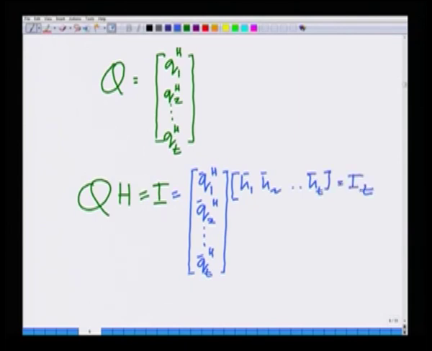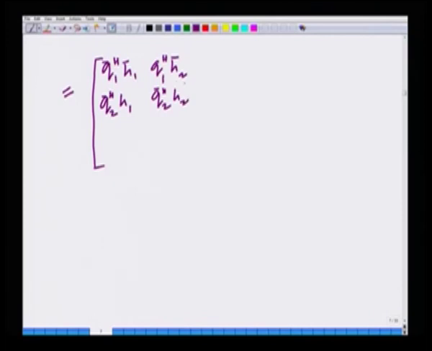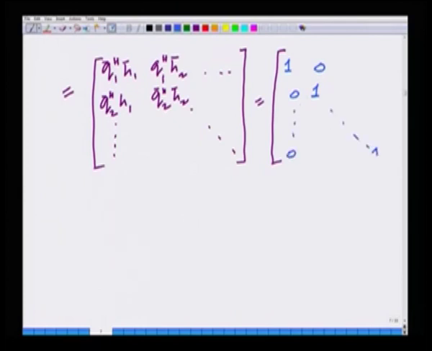In fact, this is the identity of dimension T. I will expand out the matrix product and write this as nothing but Q1 Hermitian H1 bar, Q1 Hermitian H2 bar, Q2 Hermitian H1 bar, Q2 Hermitian H2 bar, and so on. And this matrix, as we know, is equal to the T cross T identity matrix.